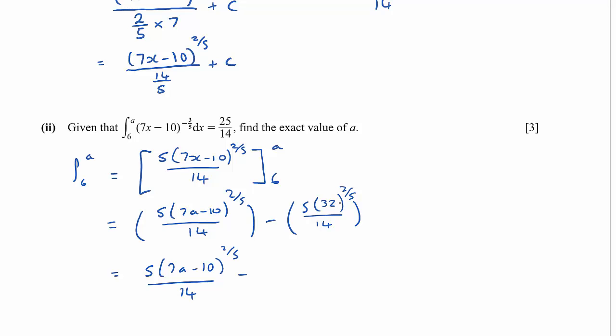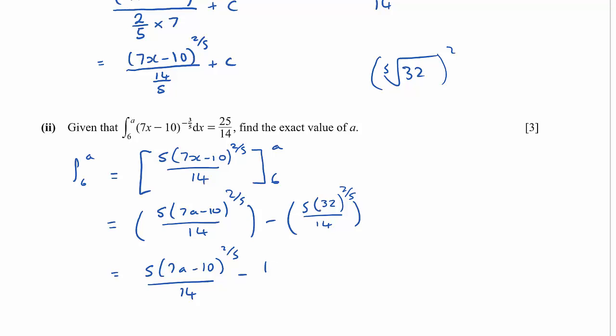Now 32 to the 2/5, remember this is actually 32 fifth rooted and then squared. So that's 2 squared, that's 4. 5 times 4, so it's 20 over 14, or if we like, 10 over 7.